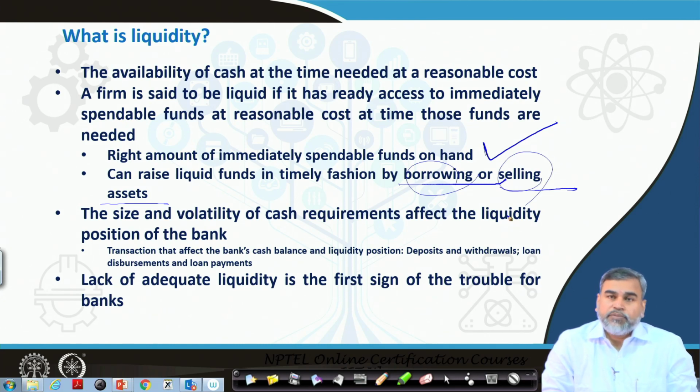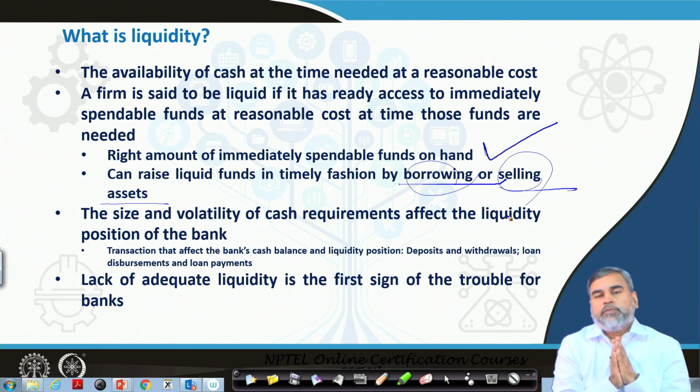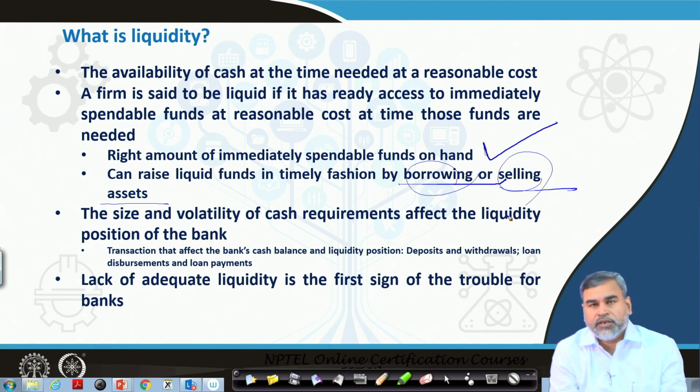If there is a trend, and the bank knows by analyzing historical data what kind of demand will be there and how the cash demand will fluctuate over time, whether in this period the cash demand will be higher or lower, then it is reasonably adequate for the commercial banks to maintain liquidity.